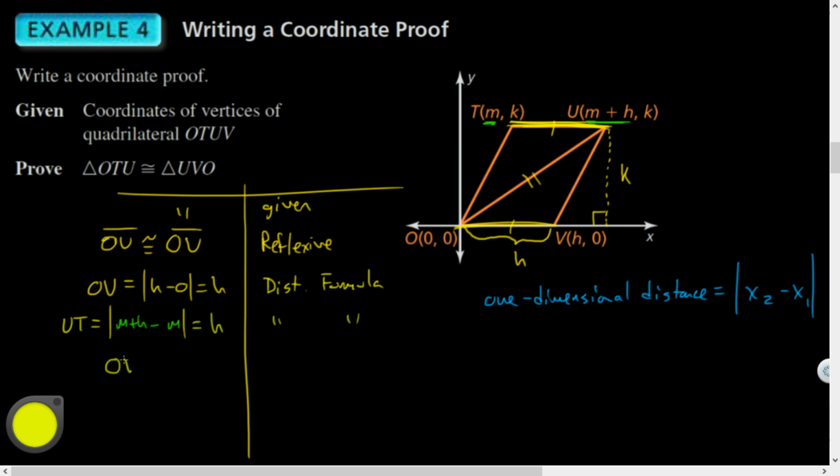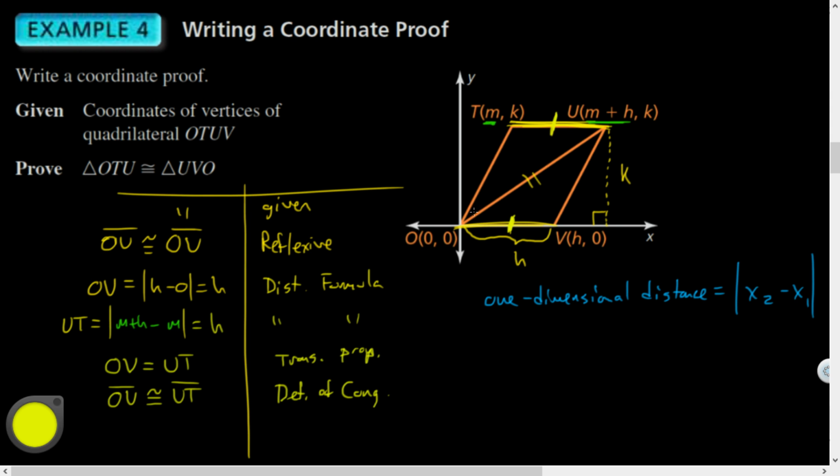I'm going to say that OV equals UT by transitive property. And then they are congruent to each other. Why? Def of congruent.